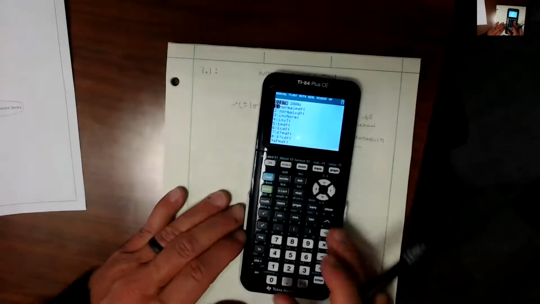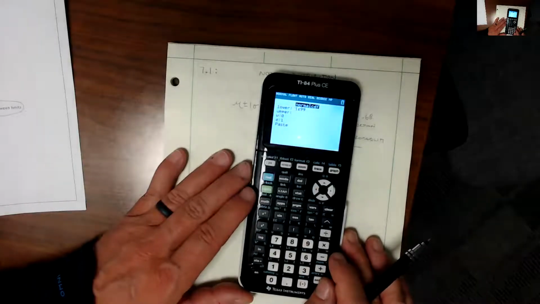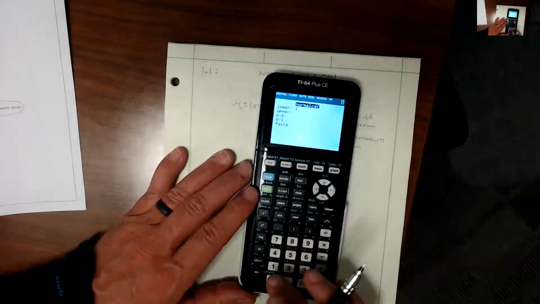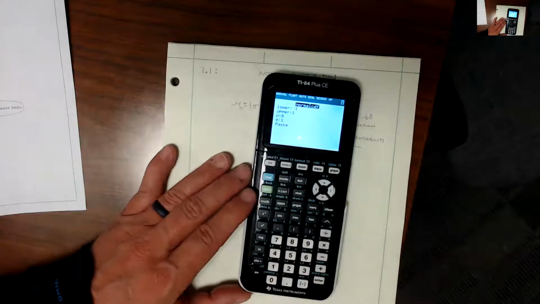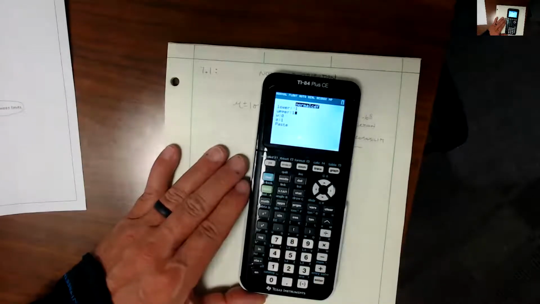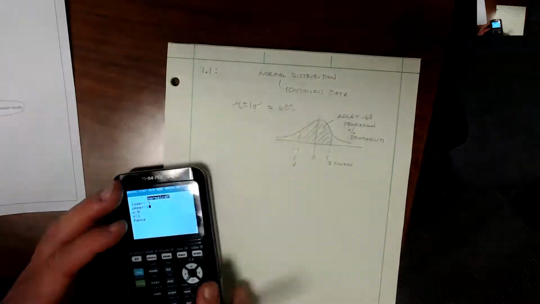So in my calculator, if I arrow down to that, what's my lower limit? -1. What's my upper limit? +1. Again, those are Z-scores that I'm typing in there. And if I leave the mean at 0 and the standard deviation at 1, which is again what your chart did in the last section, I'm going to add something to this note.